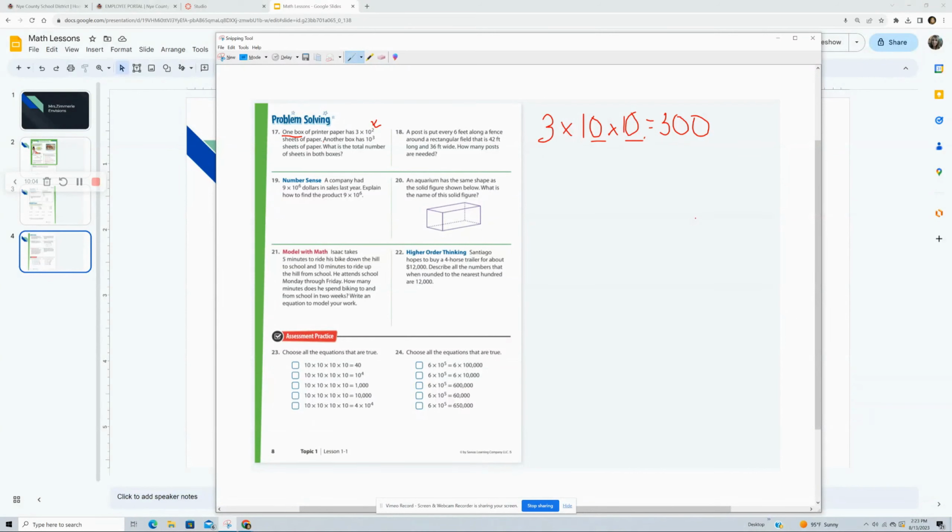Another box has 10 to the third sheets of paper. Okay, we don't need the 3. Notice that there's 3 times 10, so we have our 3 here. We do not have that here. So this is being represented as 10 3 times.